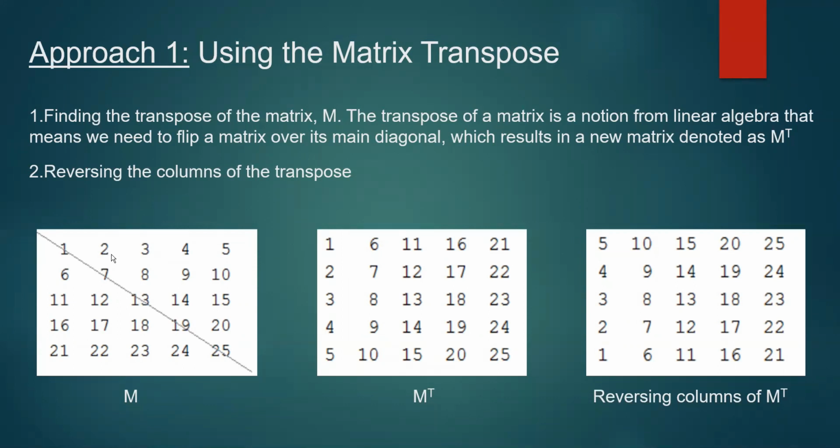For example, let's take 2 here, which is at location 0 comma 1, 0 representing row and 1 representing column. It will be swapped with 1 comma 0, first row, 0th column. You can see here 2 and 6 got swapped. In the same way, 3 and 11 get swapped here, and 16 and 4, and so on, right? So this is what we mean by flipping the matrix over its main diagonal.